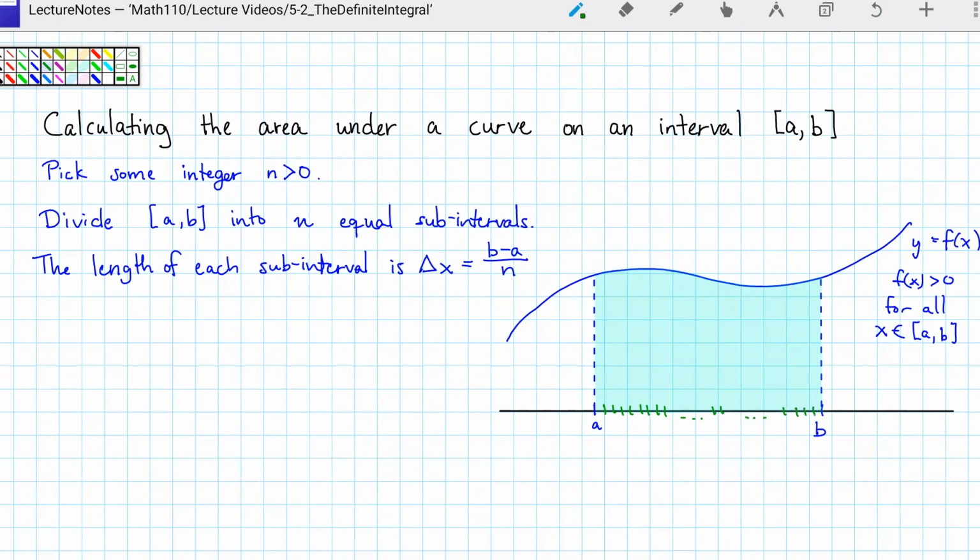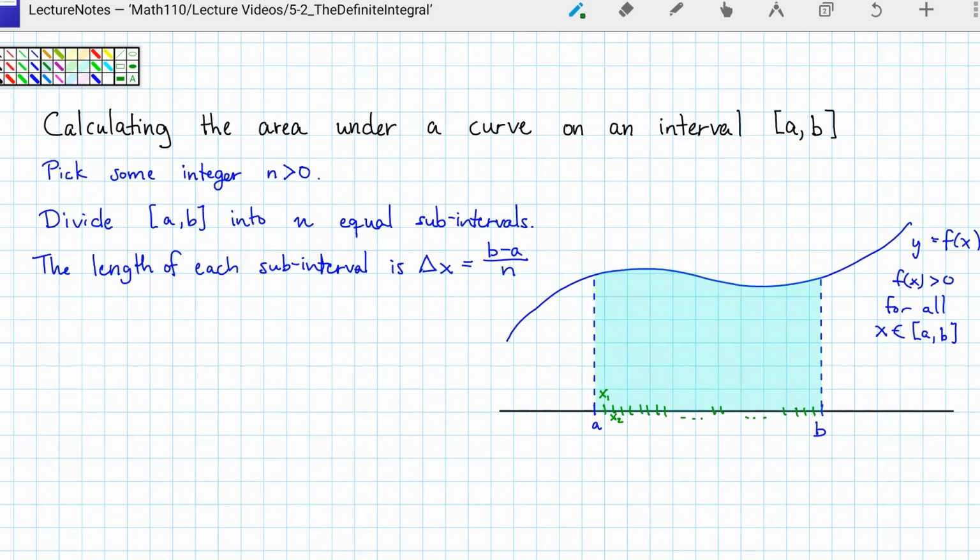Okay, so there's a bunch of subintervals, whatever n is. And I'm going to label the border points of these subintervals as x sub 1, x sub 2, all the way up.